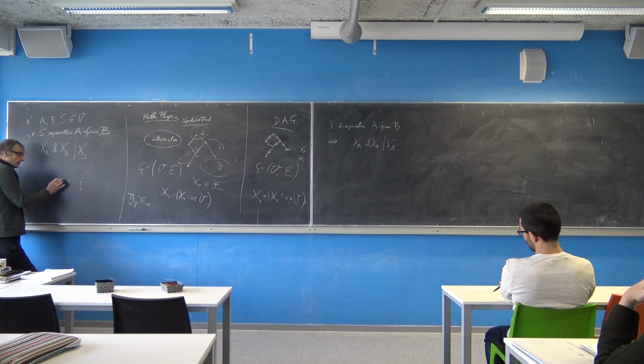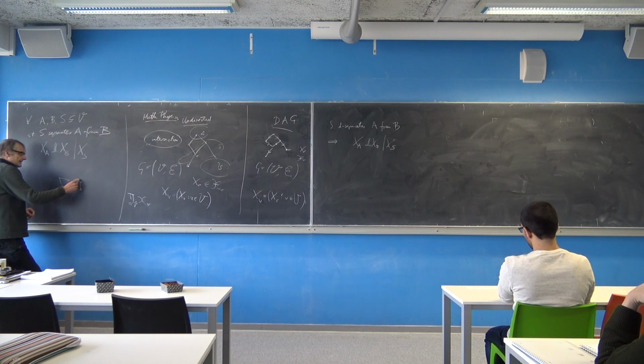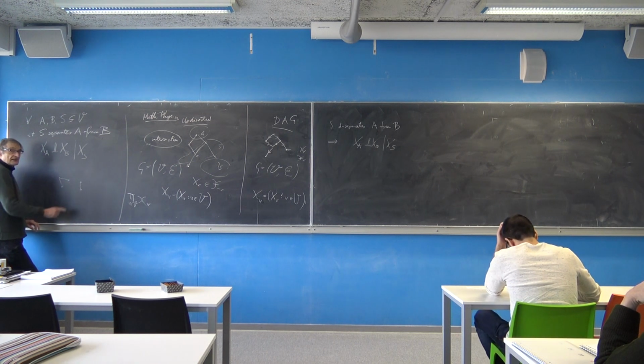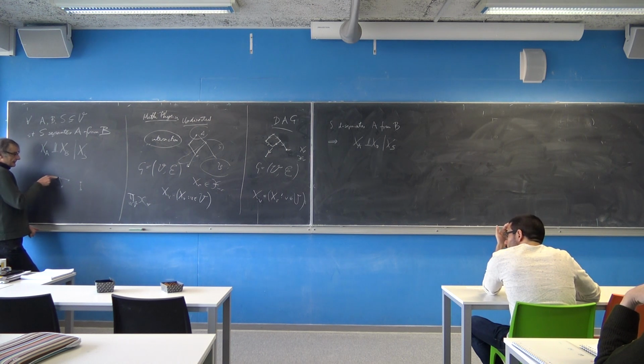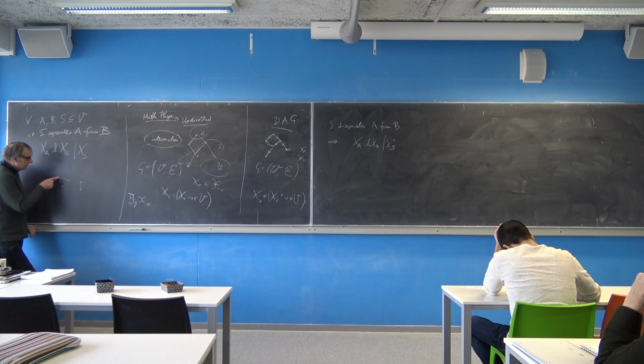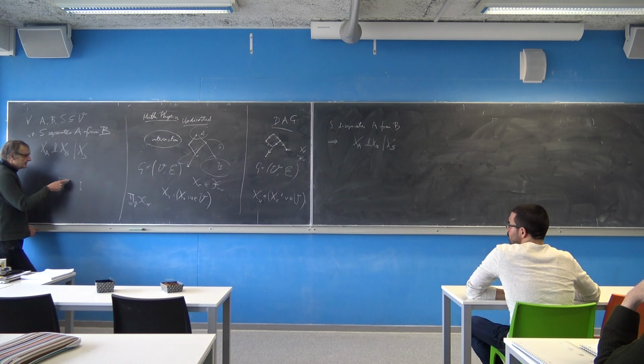But here, this model says something. It says that these two have a completely arbitrary joint probability distribution, and this one can have whatever distribution you like. These two are independent given this one, but they have whatever conditional distributions you like.